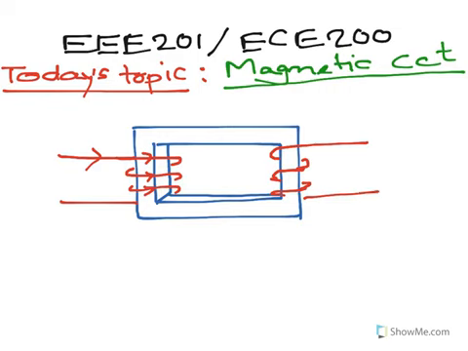Now, due to the current flow into the primary side, flux lines will pass through the magnetic material in this way.